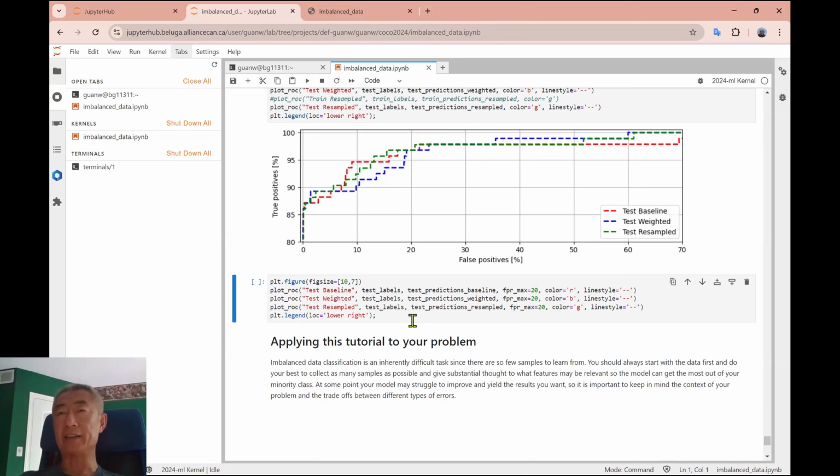Probably we should test these three strategies on other data sets, especially some larger data sets, to make a confirmative conclusion. But anyway, if you later on are dealing with similar problems, you can apply those strategies and experiment to see which one works better, and so on and so forth.